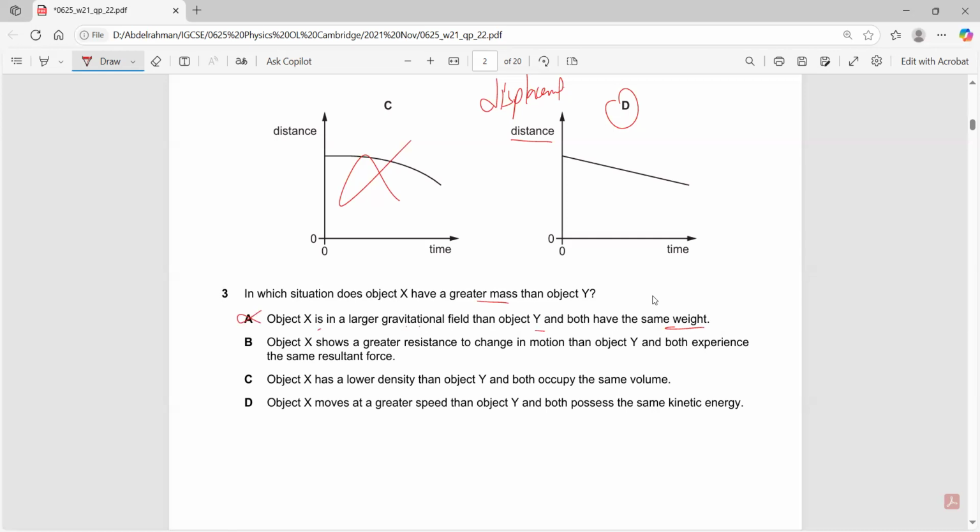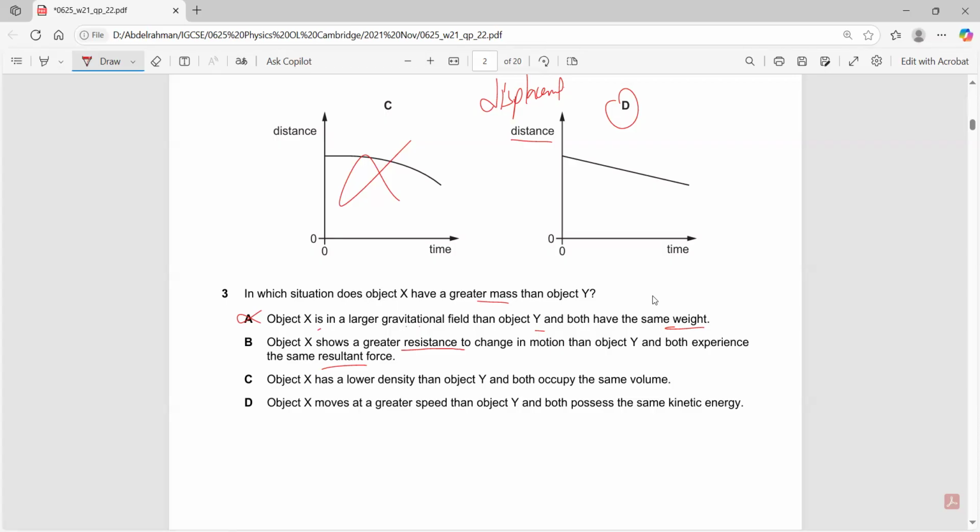Object X shows a greater resistance to change in motion than object Y, and both experience the same resultant force. A greater resistance to the change in motion. What does the mass mean? Isn't one of the definitions of the mass the resistance to change motion? It is one of the definitions of mass.